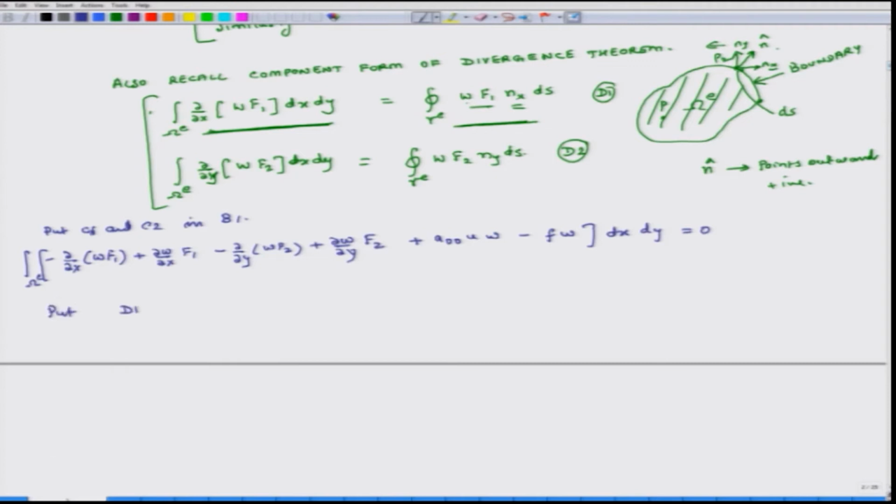Next, we put d1 and d2 in equation E. This is equation E. What does that mean? I am going to replace this term. This term is the same as this term. It is a surface integral, so I can replace it by a boundary integral. Similarly, this term and this term are the same, so I can also replace these two surface integrals by two boundary integrals.